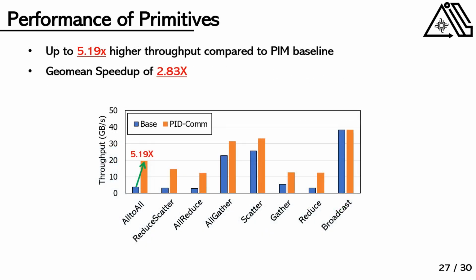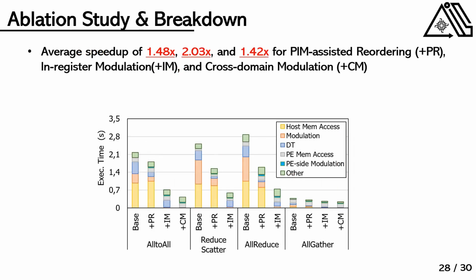So first, the performance of the primitives. Our newly implemented collective primitives show a geomean speedup of 2.83 times and a maximum speedup of 5.19 times compared to the PIM baseline. We conducted an ablation study and breakdown for further analysis.